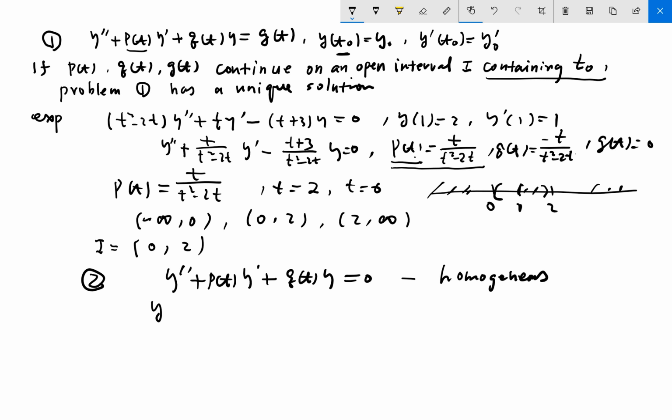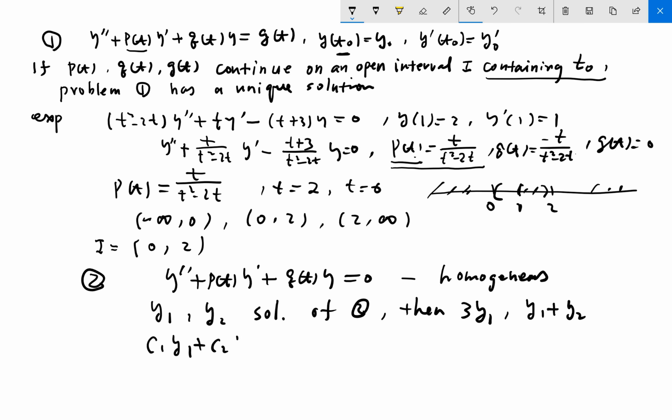If y1 and y2 are both solutions of equation 2, then, for example, 3 times y1 is also a solution. I strongly suggest you check that. And y1 plus y2 is also a solution. In general, c1 y1 plus c2 y2 will be a solution too. Read the book, they verify that.